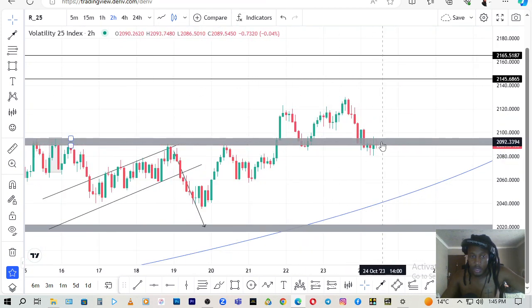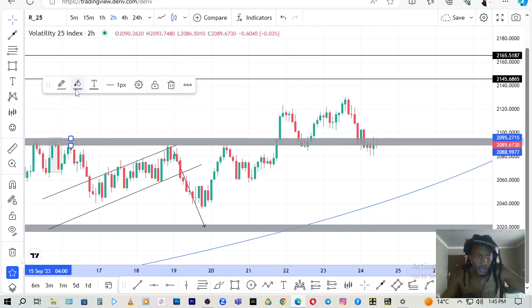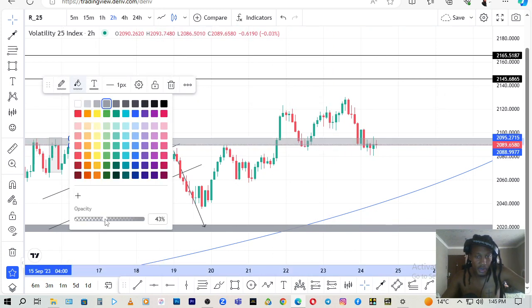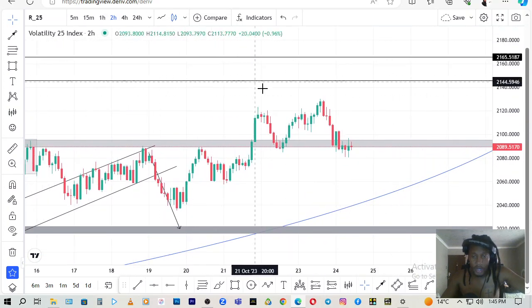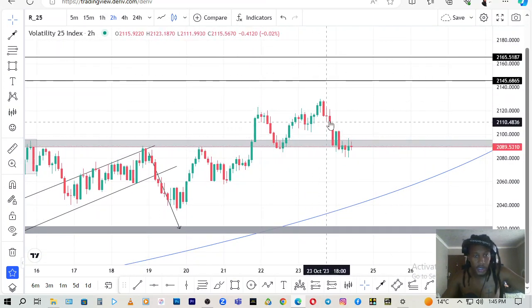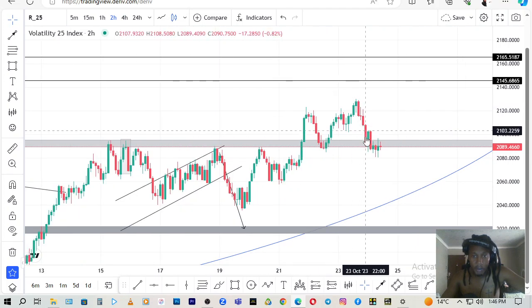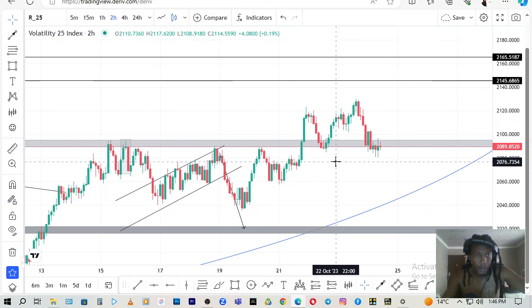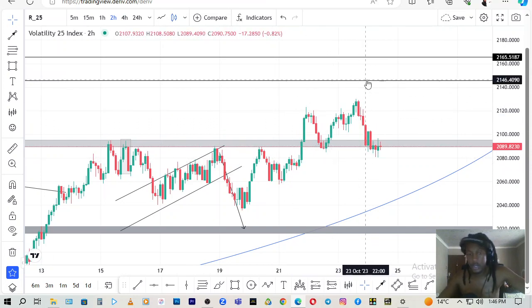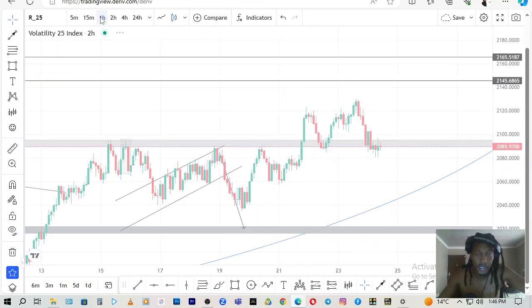We find a low here. So here, what I wanna see is multiple rejections. I don't mind the market consolidating, coming into consolidation, right? So I don't mind waiting.